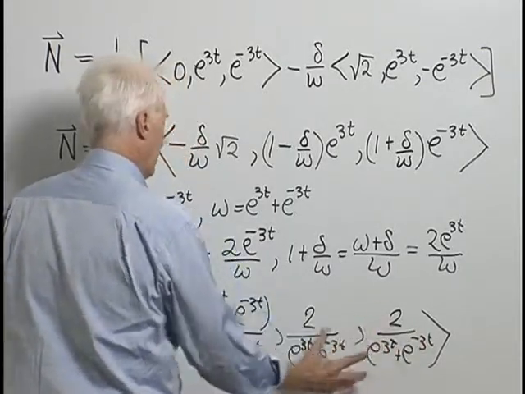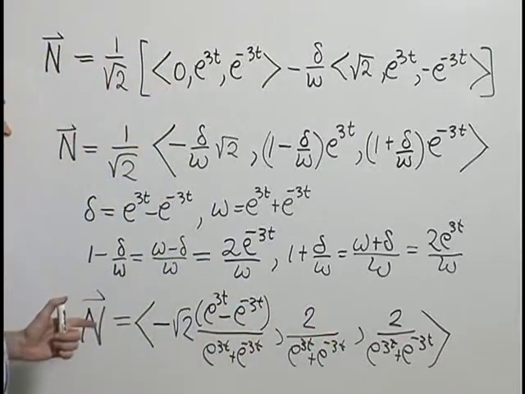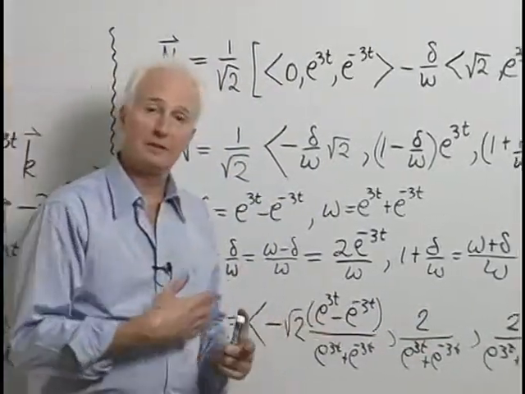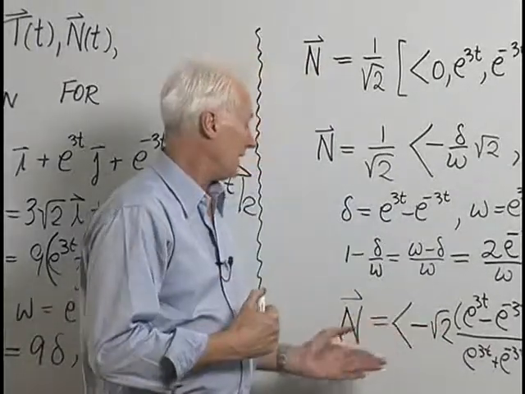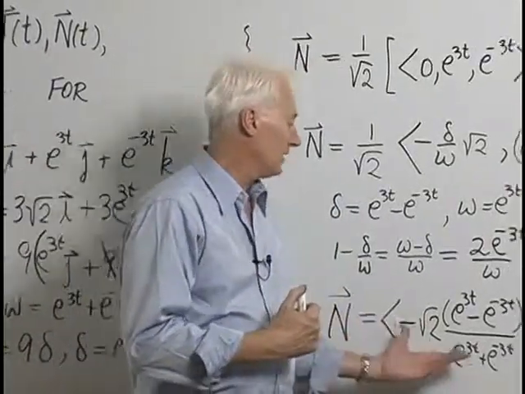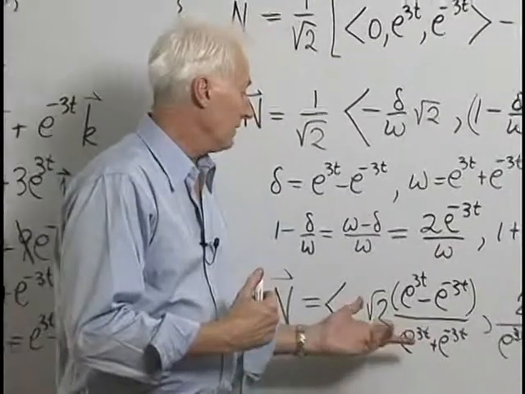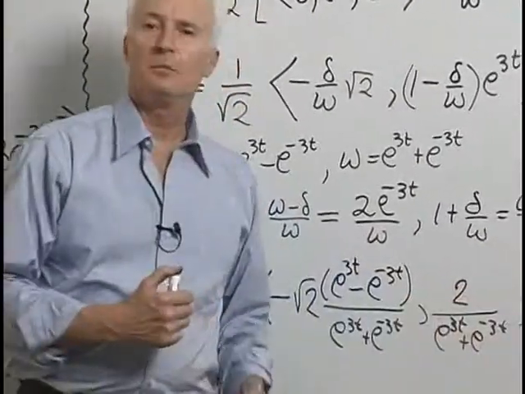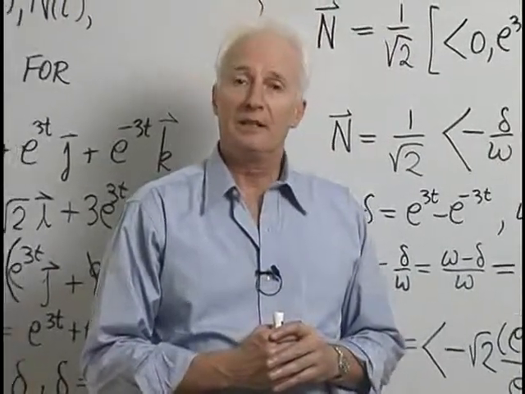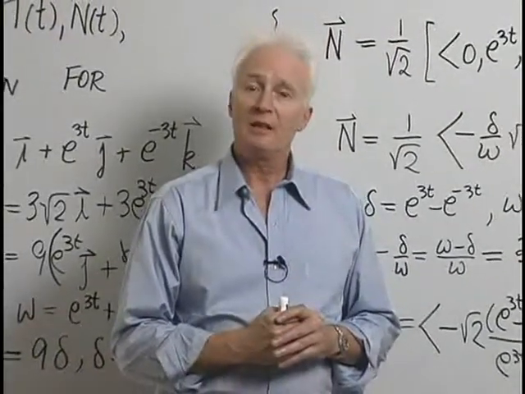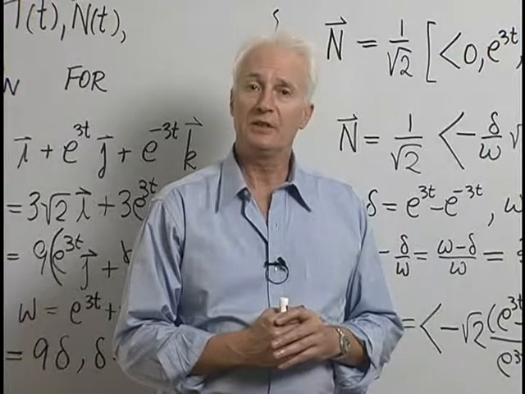So finally, our final result, after making some algebraic simplification on these vector operations, is not that complicated. The unit normal vector has maybe a kind of messy first component, but the second and third components aren't so bad. But in any case, this problem illustrates how complicated the computations can get.